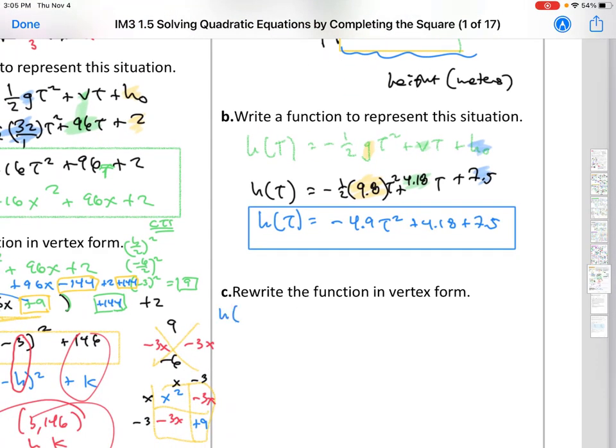Alright, so let's work with this one. h of t equals negative 4.9 t squared plus 4.18 t, and then I have this 7.5. Okay, let's factor out a negative 4.9, because to complete the square I want a value to be 1.